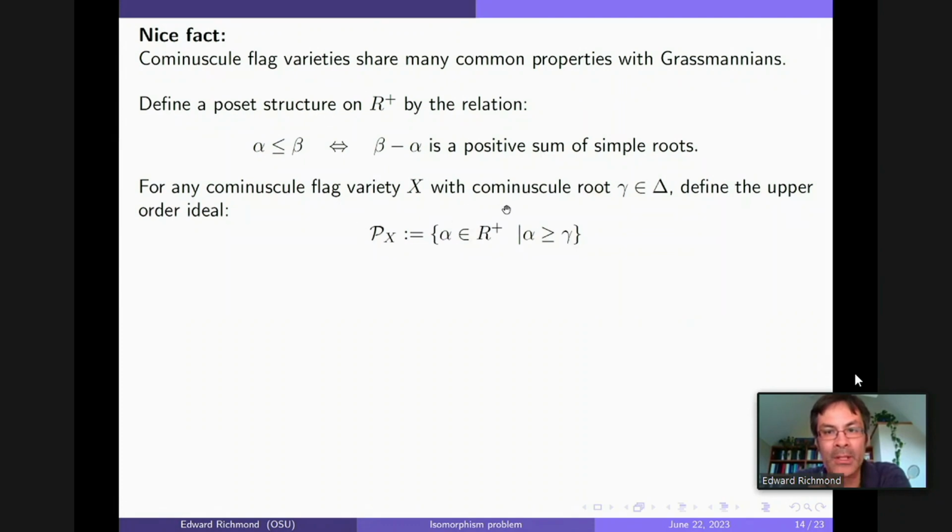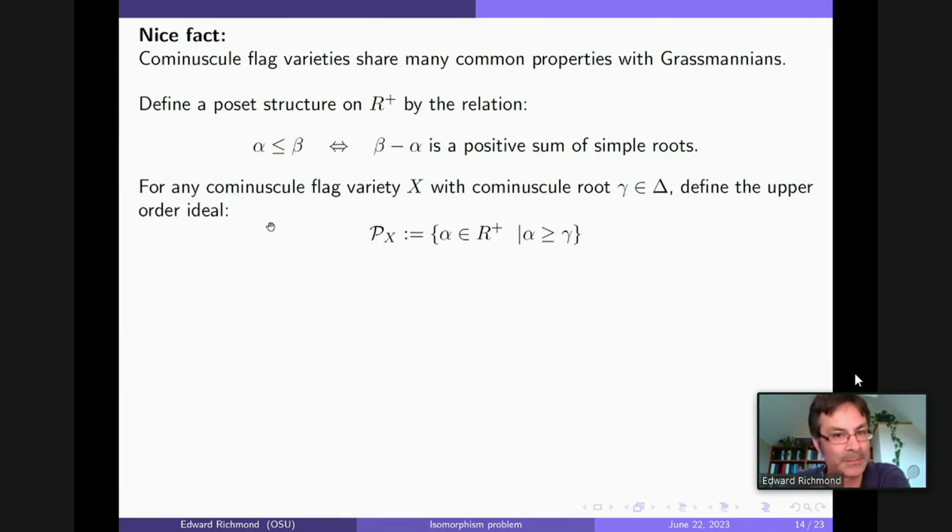So this puts a poset structure on the set of positive roots. And then we're going to restrict to the set of roots that are all bigger than this distinguished root gamma. So basically we're looking at all alphas in whose simple root expansion gamma appears.